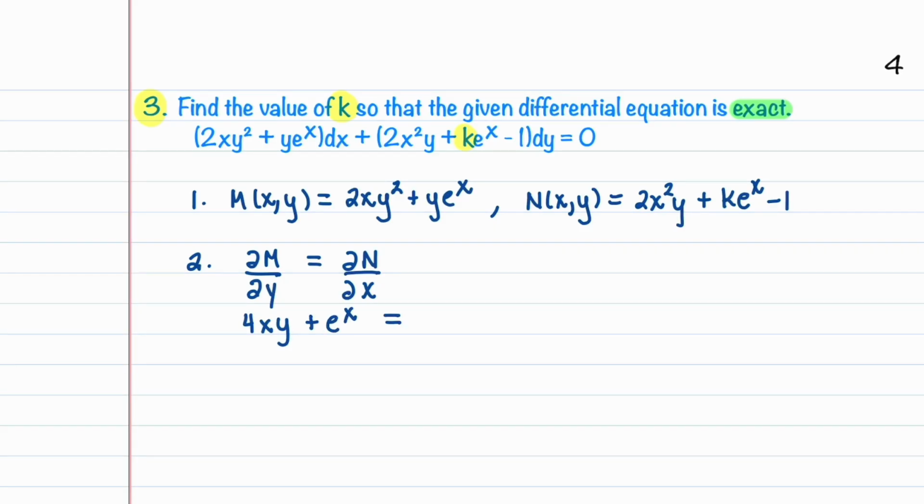And then the partial derivative of N with respect to x is 4xy plus k e to the x. We need to make sure that these two sides of the equation are the same. They are going to be the same if k is equal to 1. So our solution is k is equal to 1.